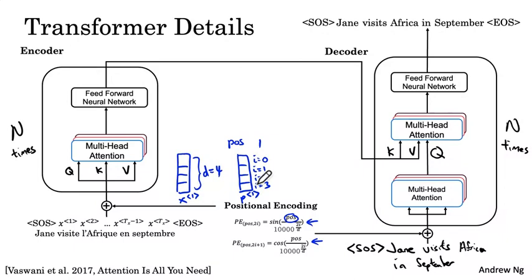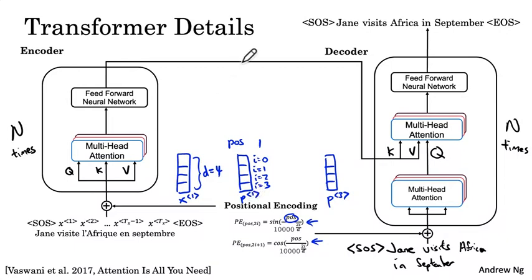And what the position encoding does with the sine and cosine is create a unique positional encoding vector, one of these vectors that is unique for each word. So the vector P3 that encodes the position of l'Afrique, the third word, will be a set of 4 values that will be different than the 4 values used to encode the position of the first word, Jane.